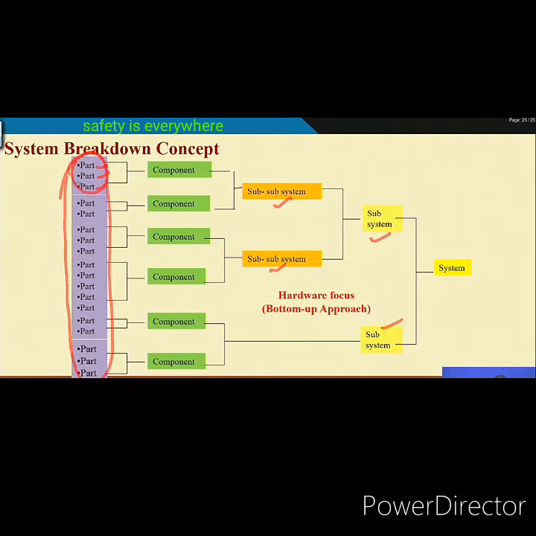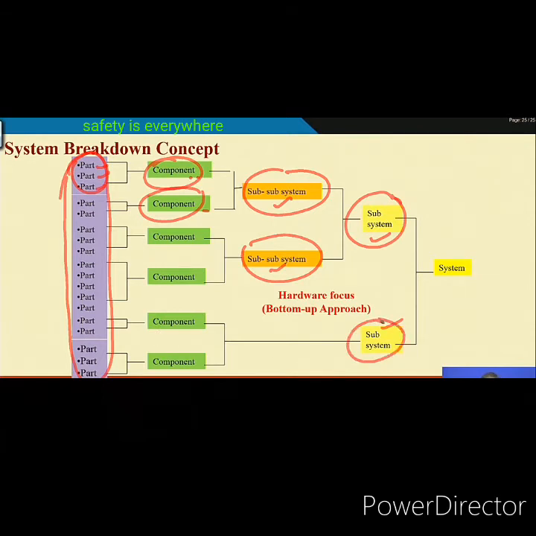Then these 3 parts in combination tell us about the failure modes of the component. Now, for this subsystem, these 2 component failure modes will be the subsystem failure modes, and then ultimately these 2 subsystem failure modes will be the system failure modes, and on this side other failure modes will come, and finally you will have a big list of failure modes of the system.